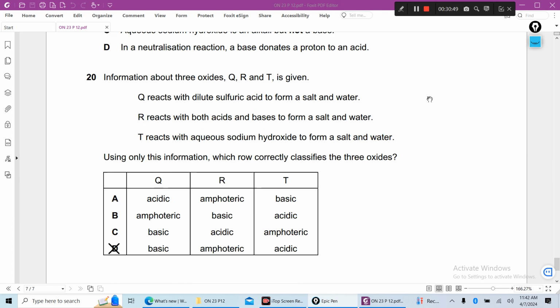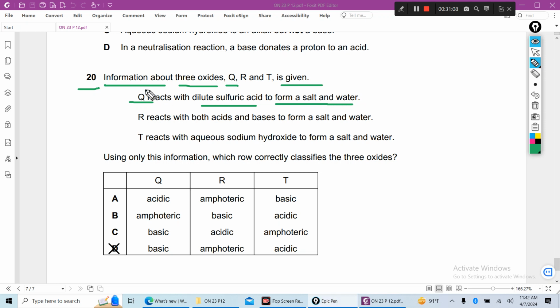Now number 20. Information about 3 oxides Q, R and T is given. Q reacts with dilute sulfuric acid to form salt and water. That means Q is basic. A base reacts with acid to form salt and water.